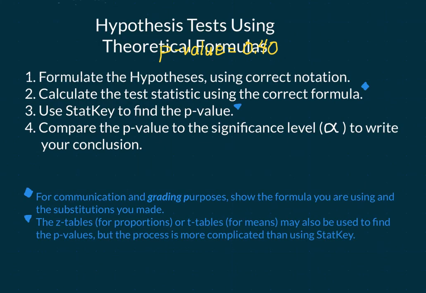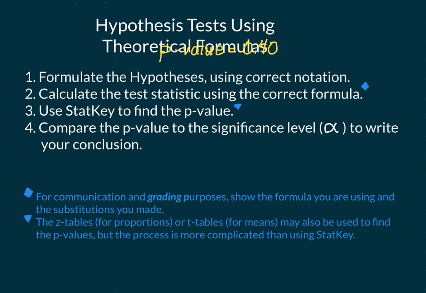Here are the steps that I used and that we will continue to use to perform hypothesis tests. First, we will formulate the hypotheses using the correct notation. Yes, I'm referring to H sub 0 for H null and H sub A for the alternative hypothesis.